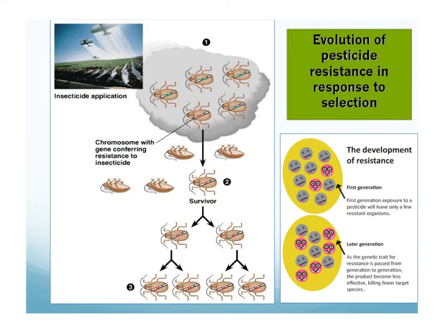I know that there's nothing to fill in per se on this slide, but it is very important that you understand what's going on in this slide. So as I'm annotating, you should be annotating as well. We're going to take a look even at the evolution of pesticide resistance, and how that acts as selection.